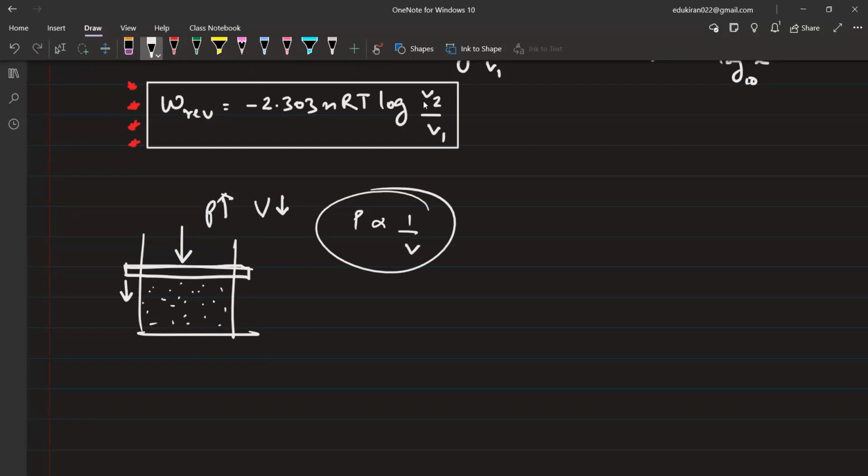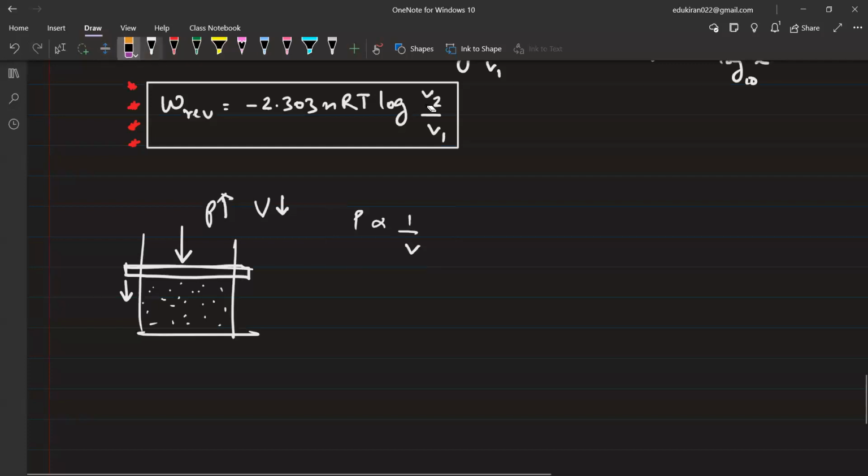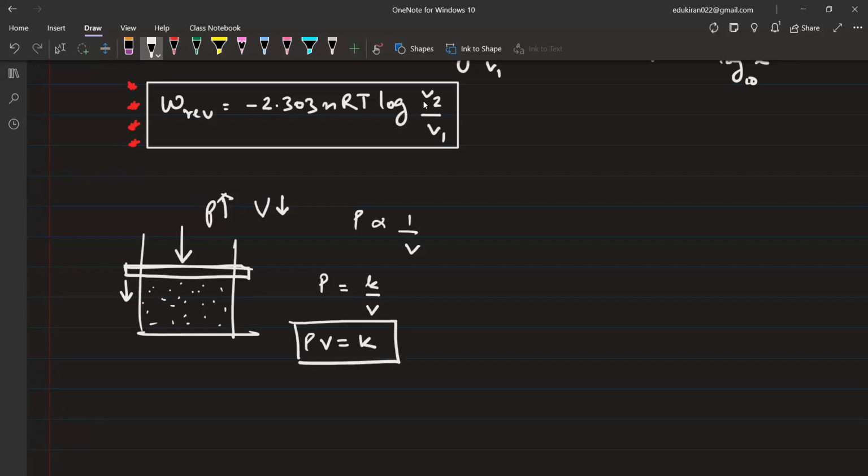Okay. Now you can write something like this: pressure is equal to some constant divided by volume. Yes or no? Can we write it? Okay. So P into V is a constant. For a system, pressure into its volume is a constant.